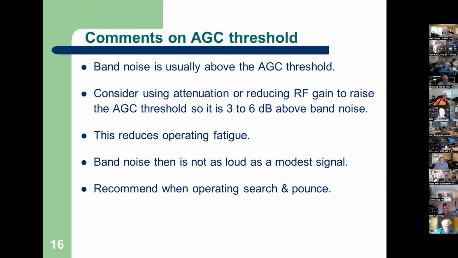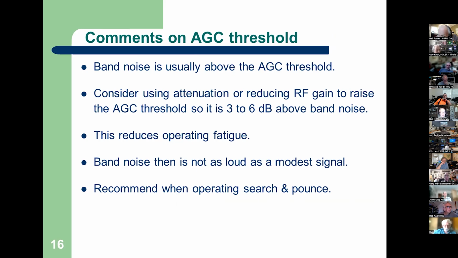One of the next columns is the AGC threshold. Certainly on the lower bands, band noise is above AGC threshold. But consider adjusting your AGC threshold. However it's set up, if you're operating, whether you're trying to work a DX expedition and you've been on the air for hours, or it's a contest, if you can adjust your AGC threshold to be somewhat above band noise, that's going to reduce the fatigue.